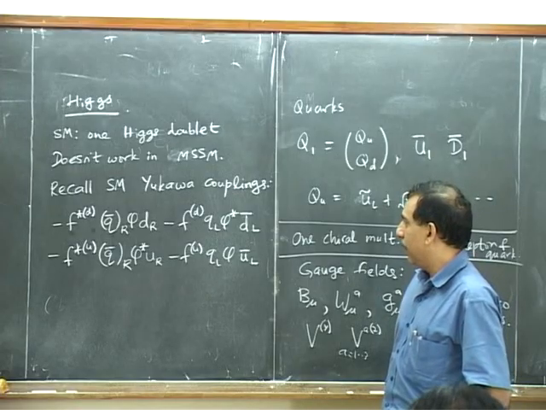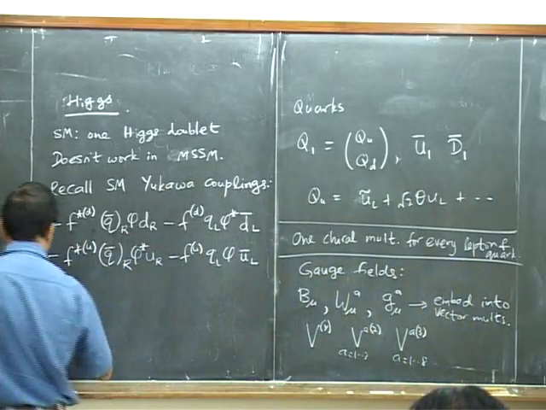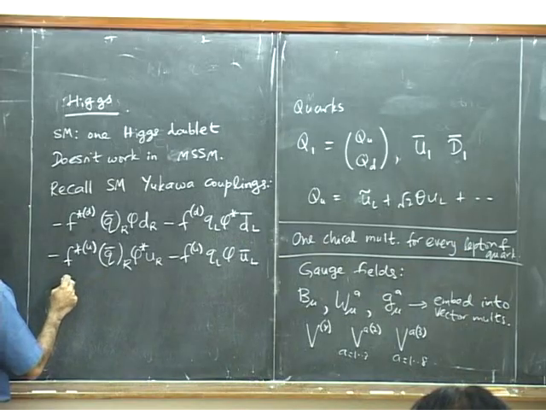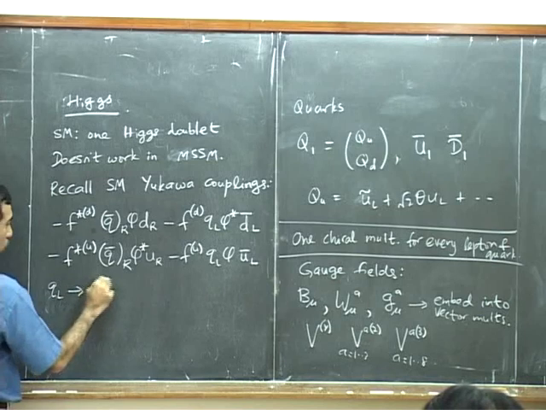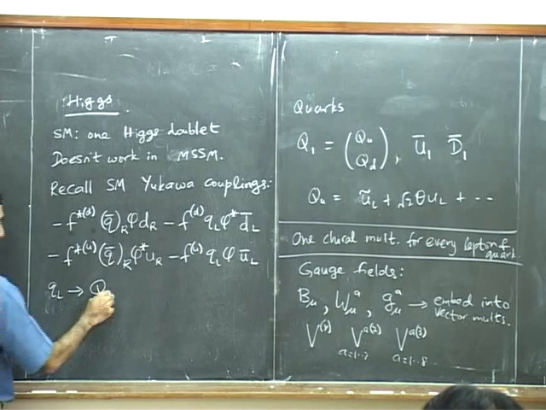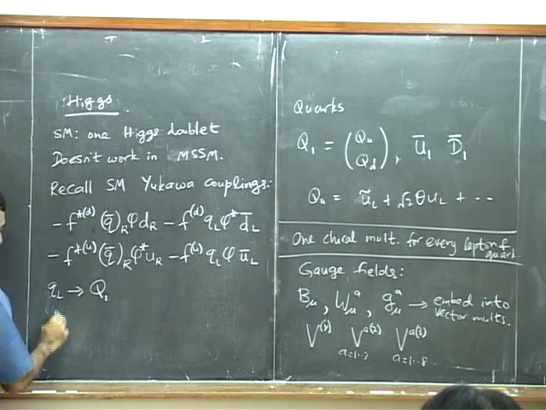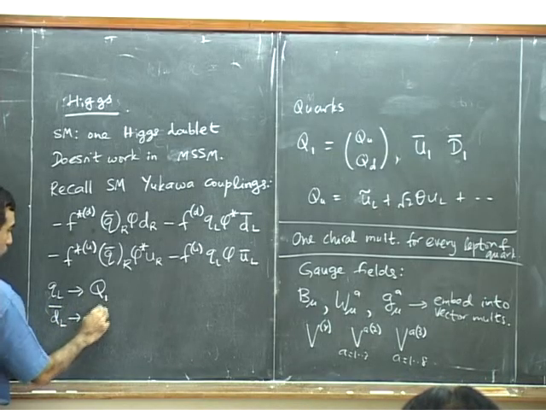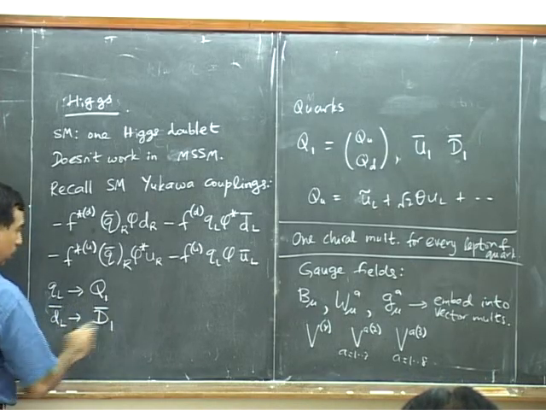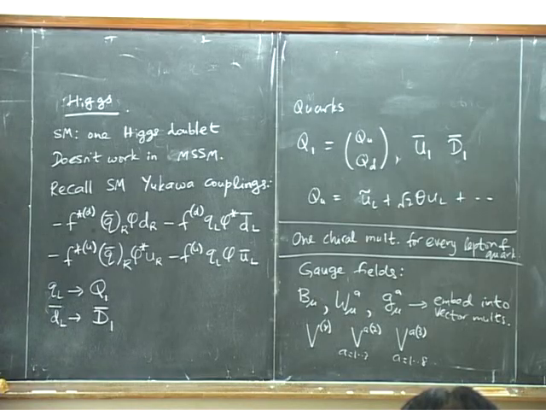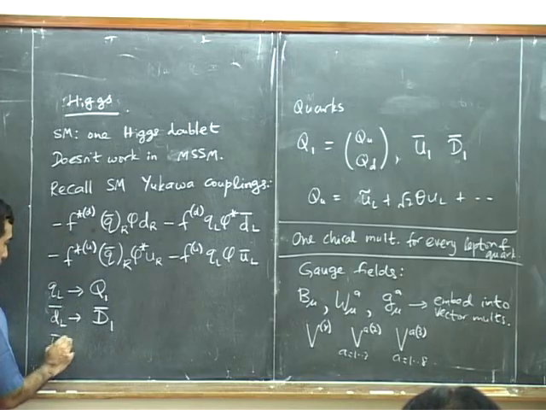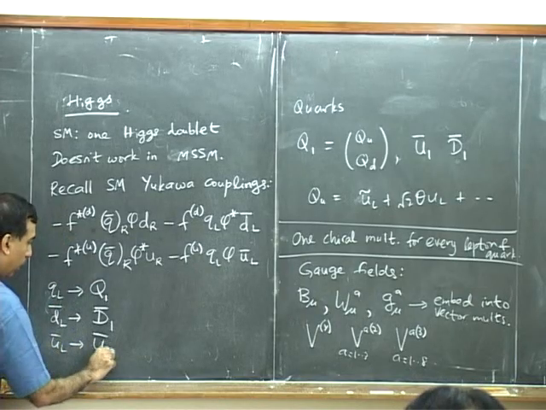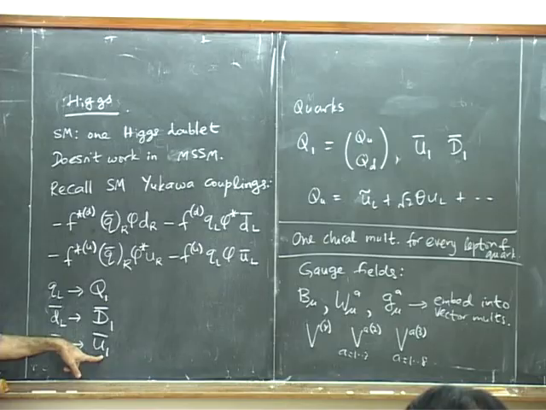The important thing is that if we generalize to superfields, then we've already seen that QL goes to a superfield Q, let's say 1, and D bar L goes to the superfield that I've called D bar 1, and U bar L goes to a superfield that I've called U bar 1, and all of these are chiral superfields. None of them is anti-chiral.